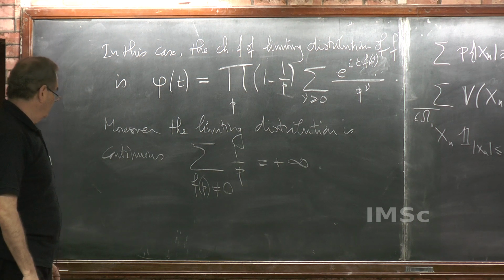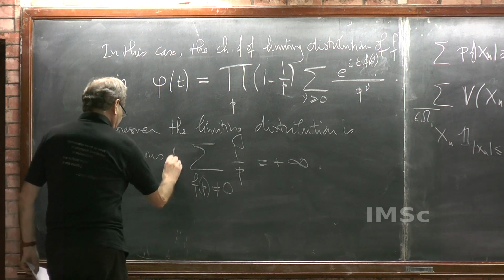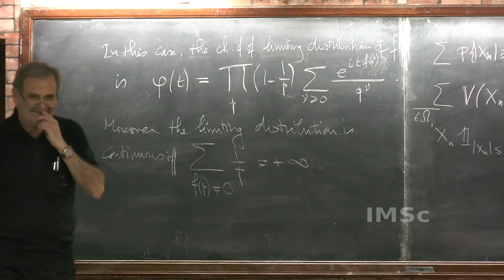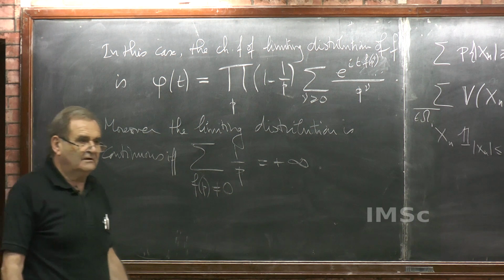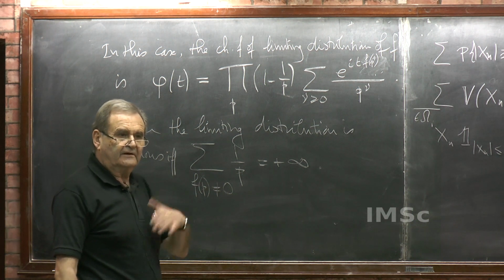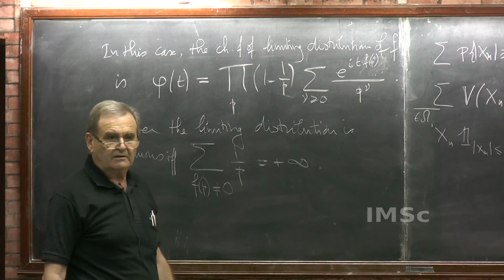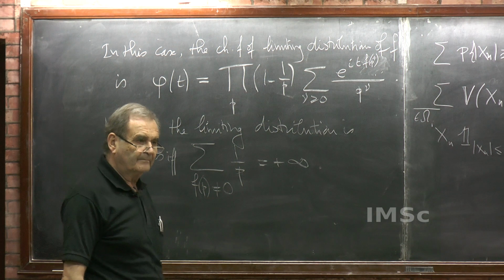The limiting distribution is continuous, yes, if and only if. So this is a very good tool for detecting whether you have a limiting distribution, and we didn't prove anything but tried to apply it.